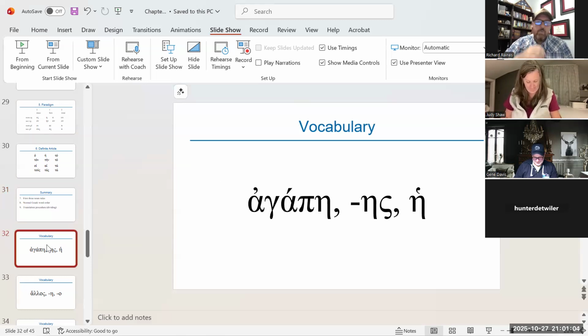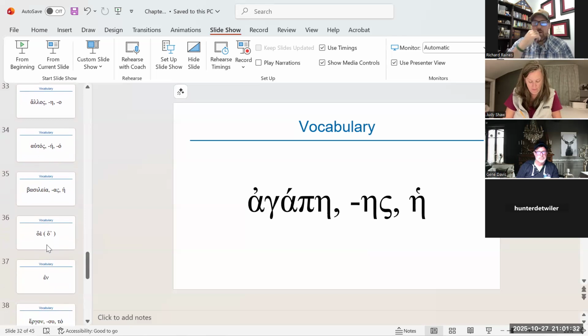Somebody pronounce this word for me. Agape. So that's how we pronounce that word typically, agape. You could say it differently if you wanted to, but most of us probably recognize agape, which means what?